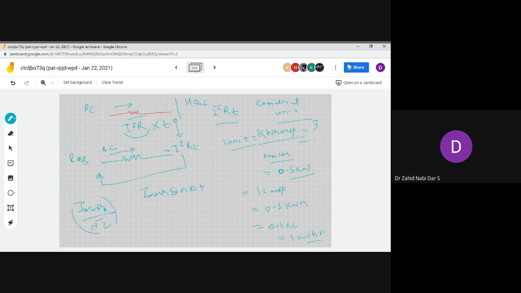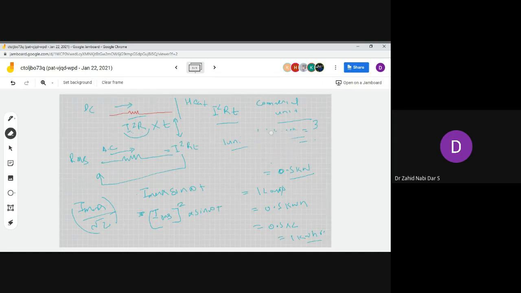See, now I will tell you one good thing about it. In the DC quantity you did I square R into T. Now in AC you will write I RMS square into R into T. Just look at this, you will understand in a much better way.